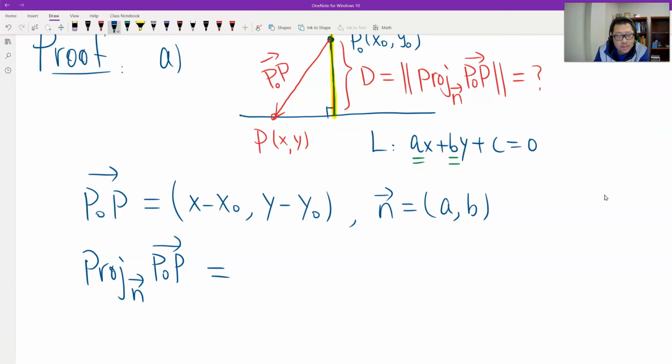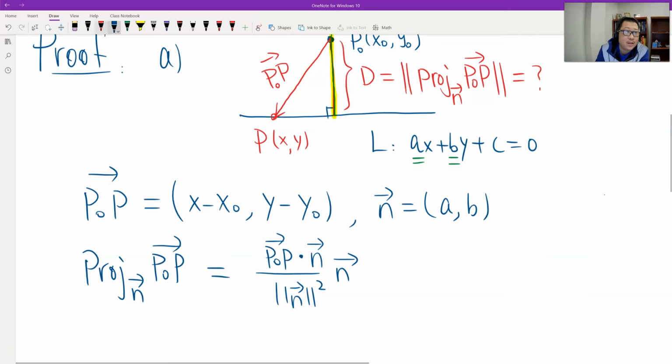It should be P0P dot n, which is the numerator. The denominator should be the norm of n squared, and then n. The first part is the coefficient, then comes n, because the projection should be parallel to the direction of n, which is a scalar multiplication. I think you remember this.